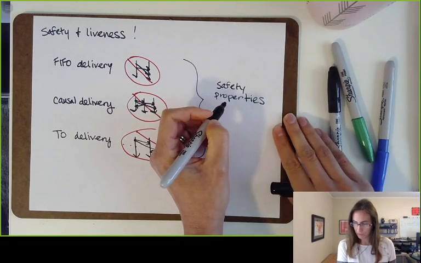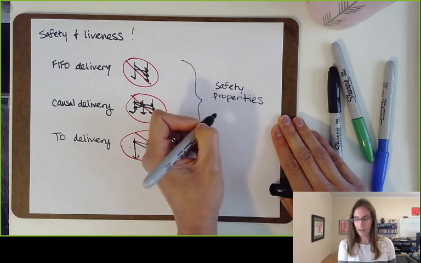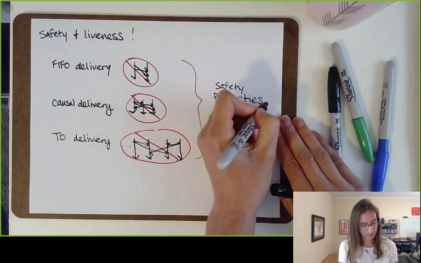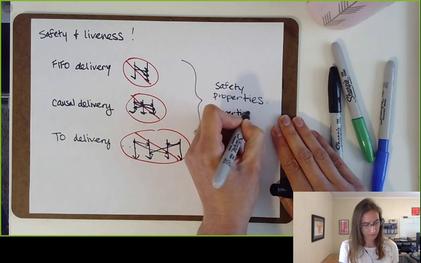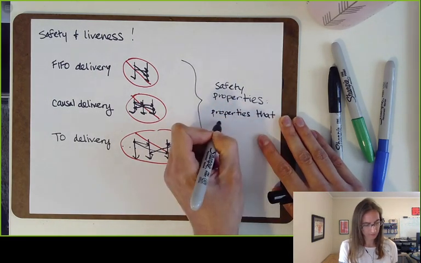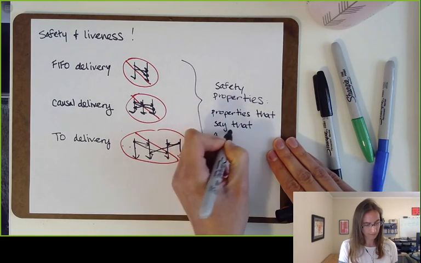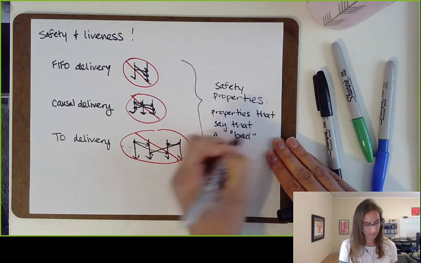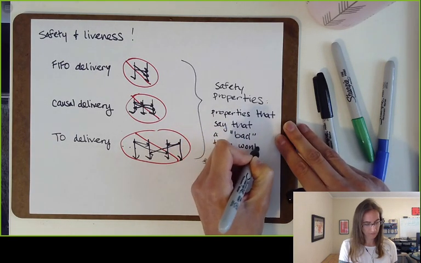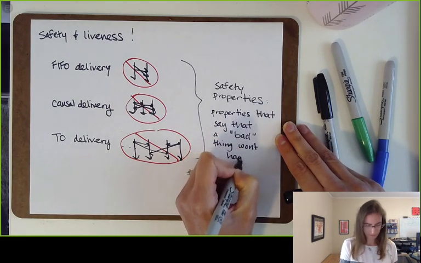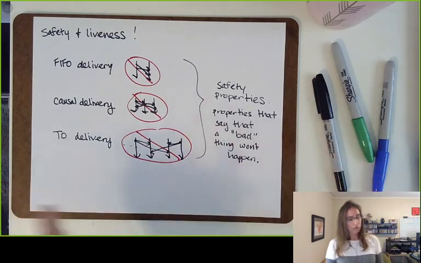And a safety property, colloquially, is a property that tells you that something bad won't happen. So these are all safety properties.